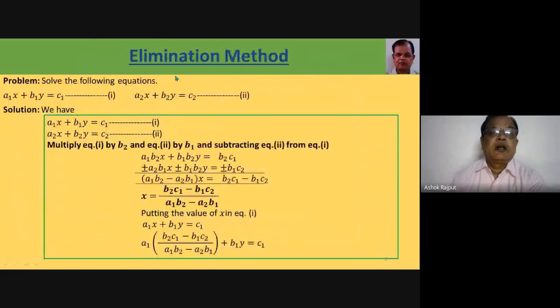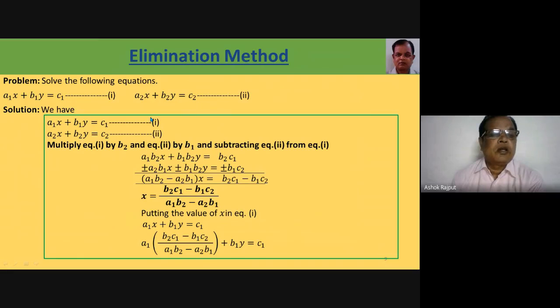Now, the next method is the elimination method. Solve the following equations: a1x plus b1y equals c1, a2x plus b2y equals c2.